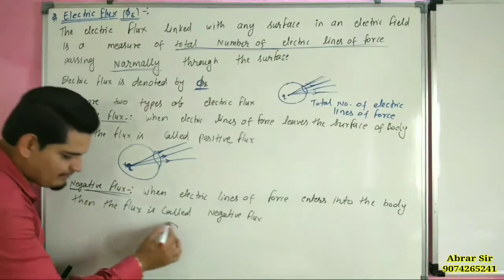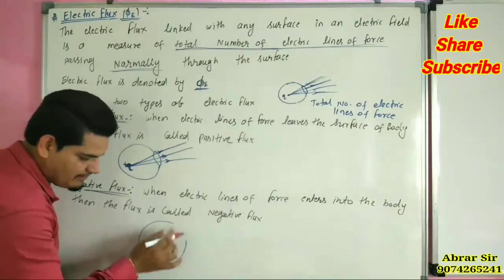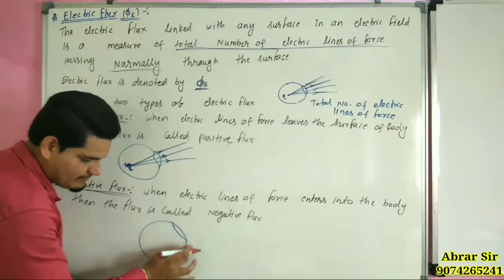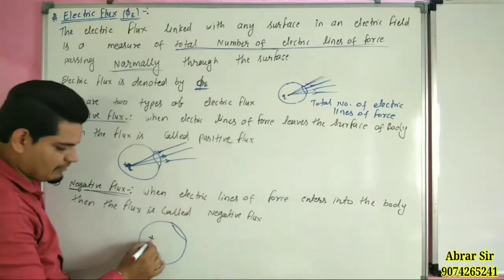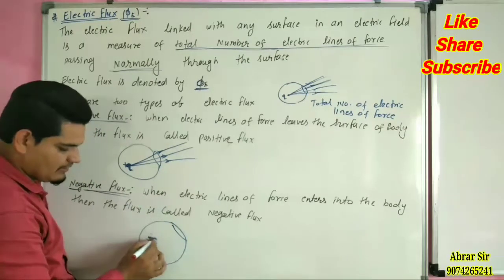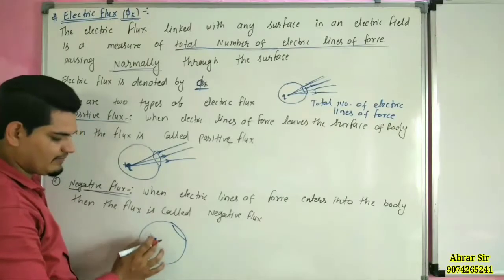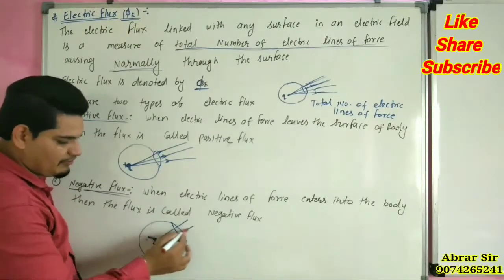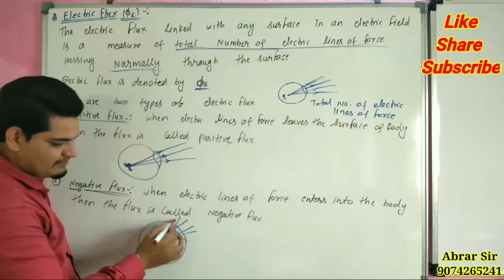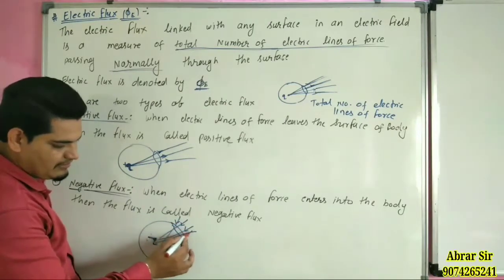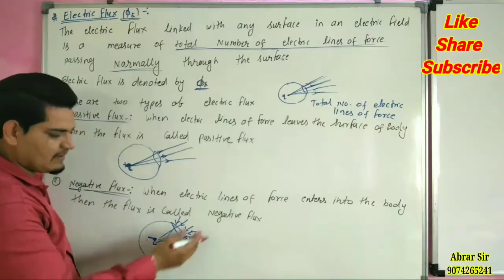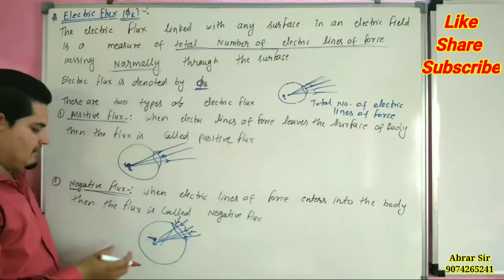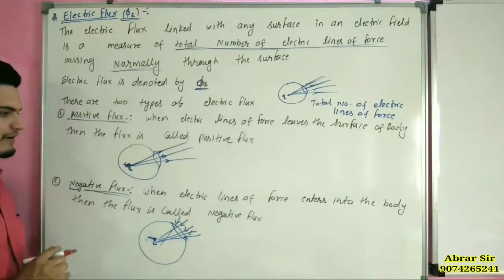And if we consider a hollow sphere and put a negative charge inside the surface, then the electric lines of force come inside the surface, and the flux is called negative flux.